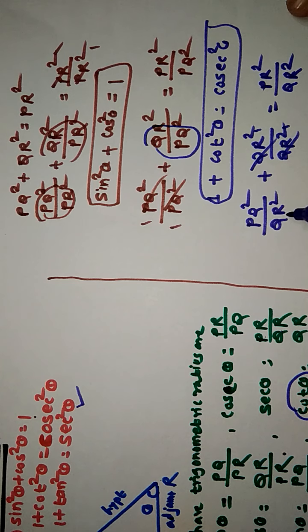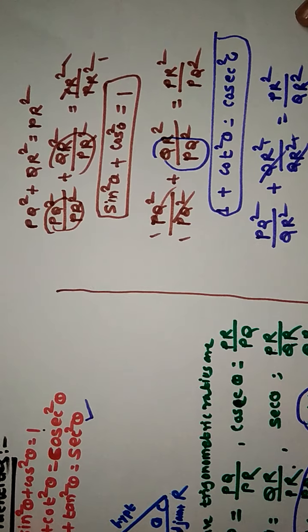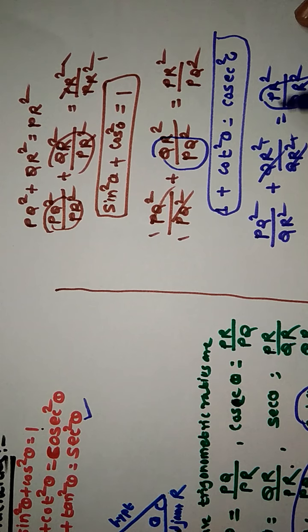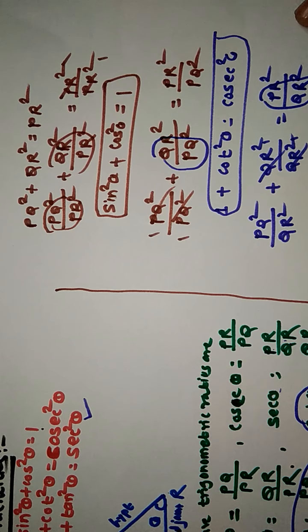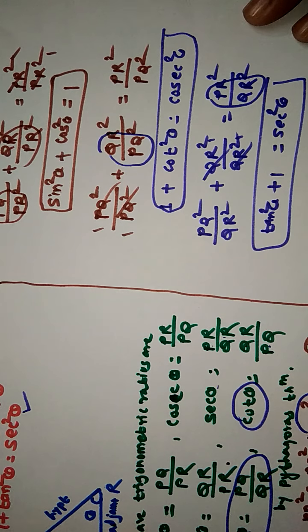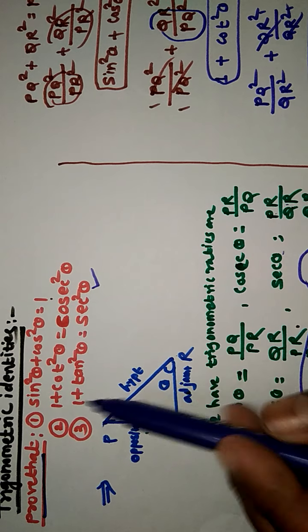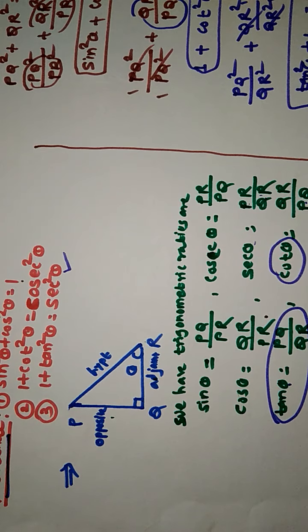PQ upon QR is the tan theta, so their square is tan square theta. PR upon QR is the sec theta, so it is equal to sec square theta. Therefore 1 plus tan square is equal to sec square theta. These are the basic three fundamental identities we prove by using Pythagoras and trigonometric ratios.